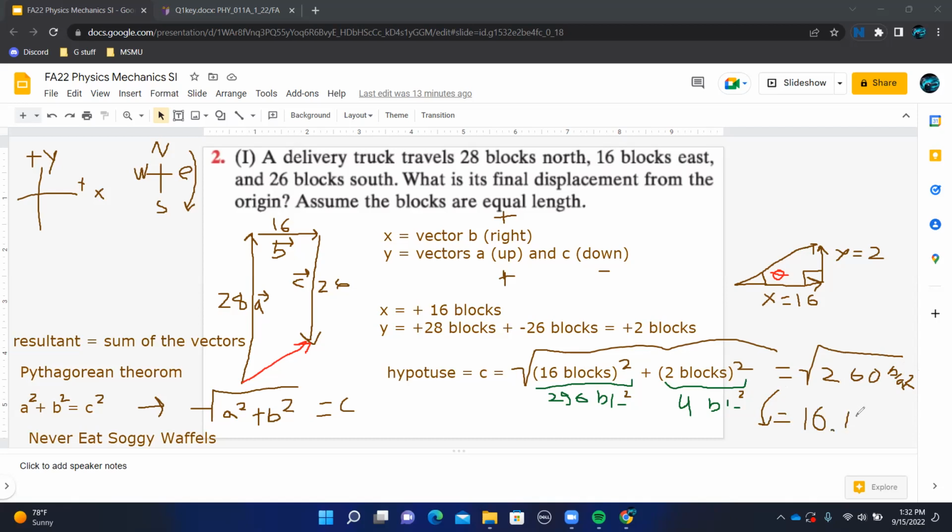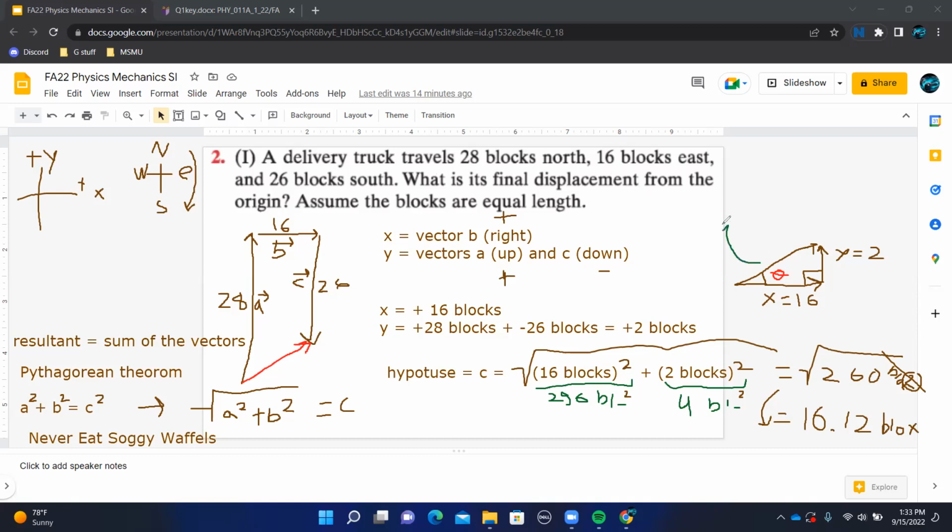The square root is gonna get rid of this squared here. So that's blocks. Cool. So that's your displacement. But if she asks for a displacement vector, you need this theta here.